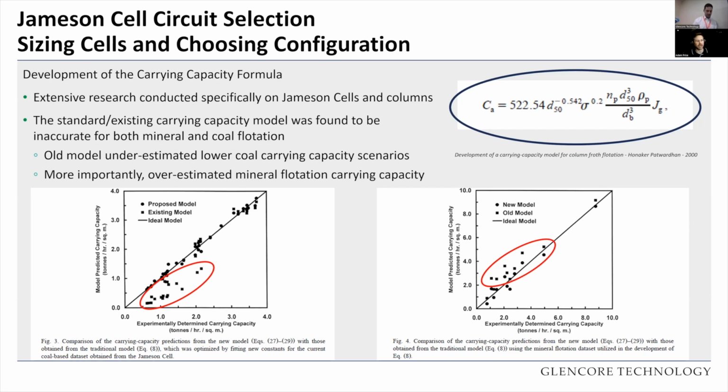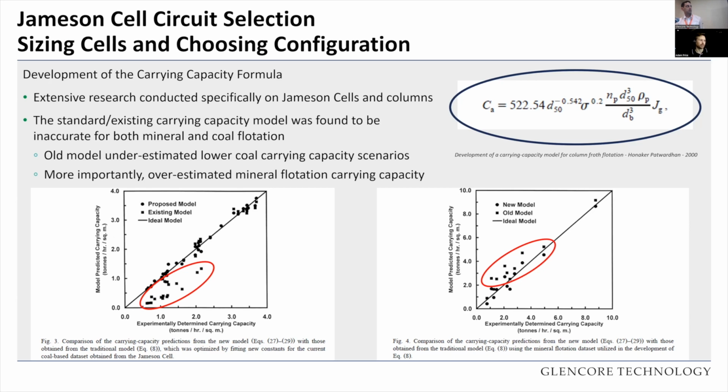It was found that there were probably some errors in the model, or it wasn't good at predicting some scenarios. We found it to be inaccurate to some degree for both minerals and coal, which were the two key things looked at.